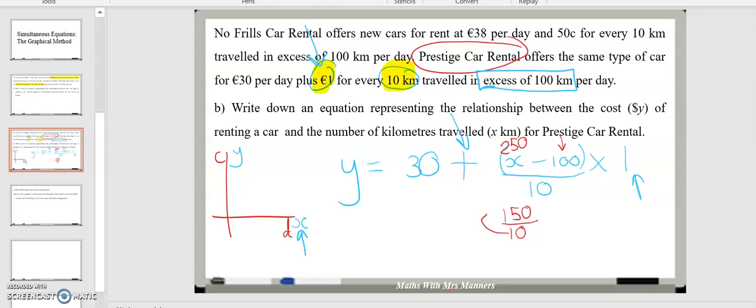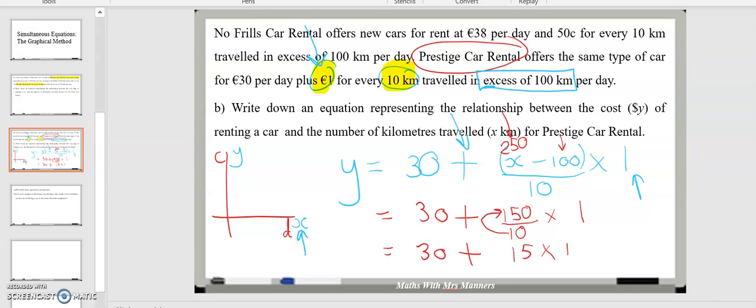So I have to work out how many 10 kilometers fit inside that amount, and then I'll be charged €1 for all of that. 10 will go into 150 15 times, so for each of those 15 groups of 10 kilometers I'll be paying €1. That means I'm going to pay an extra 15 euros on top of the 30 euros that I get charged in the first place.